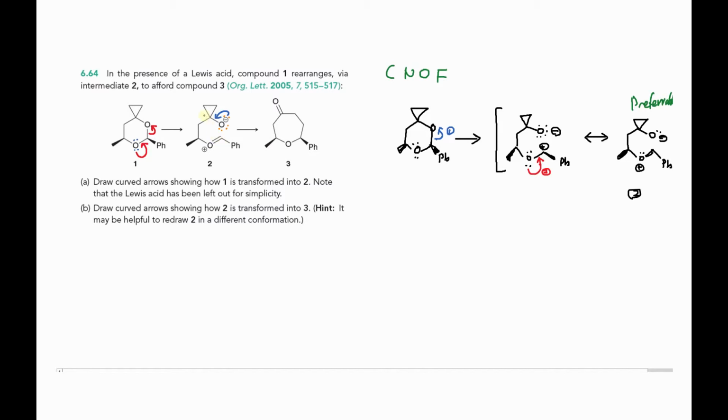One way we can do it is, because now our carbon has five bonds, right? Because we have a double bond here, two single bonds from the triangle, and one single bond from the left side. We can form a pair of electrons.